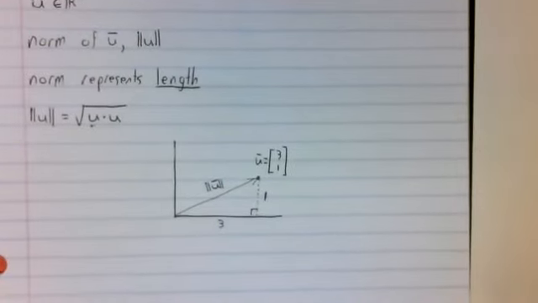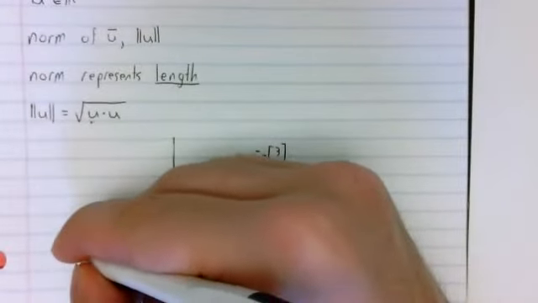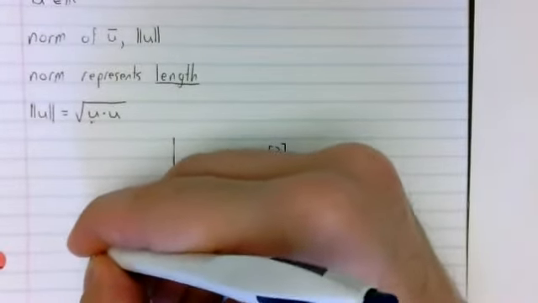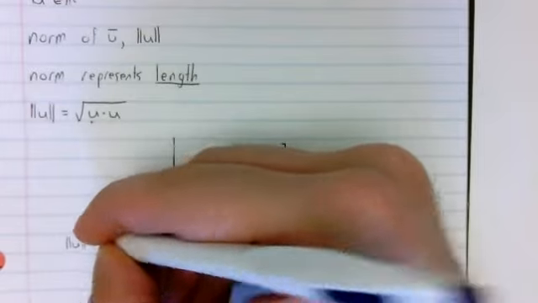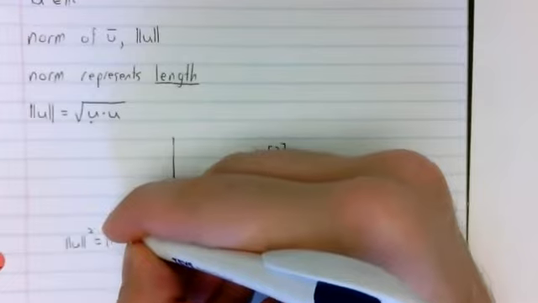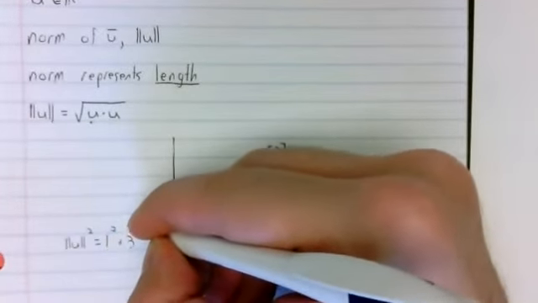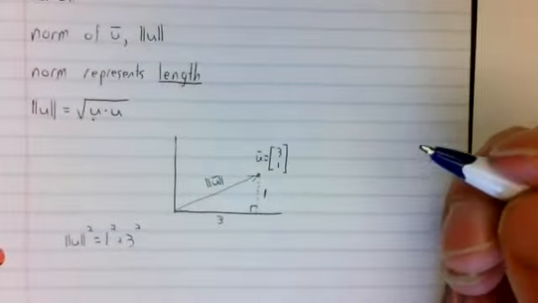So we can simply apply the Pythagorean theorem here. The norm of U squared is 1 squared plus 3 squared.